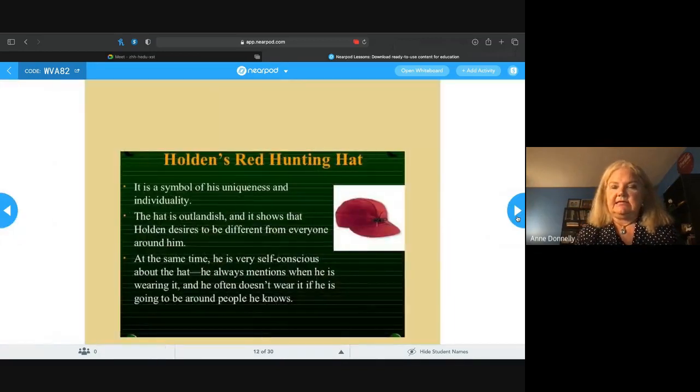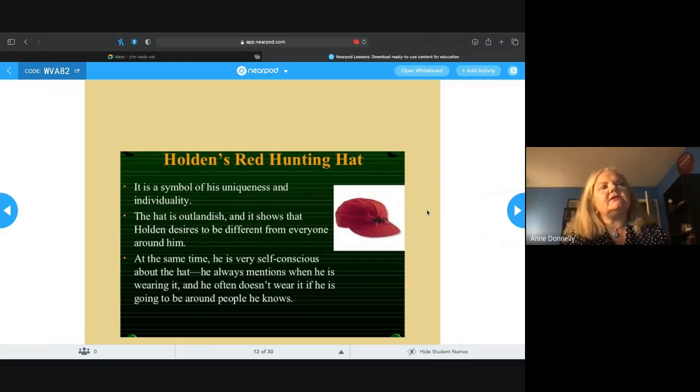That hat is kind of like an old man's hat, and he kind of sticks out. First of all, he's 16 years old and he's in Manhattan and he's wearing this red hunting hat. So on this slide, it highlights that it's a symbol of individuality and uniqueness.